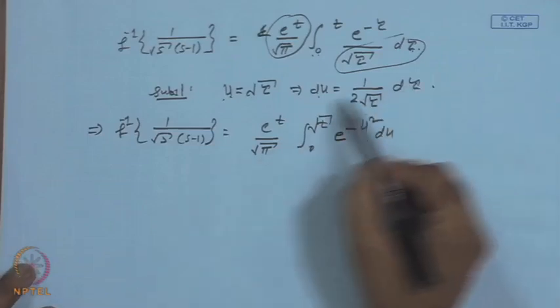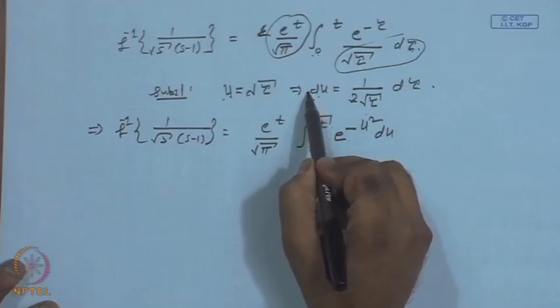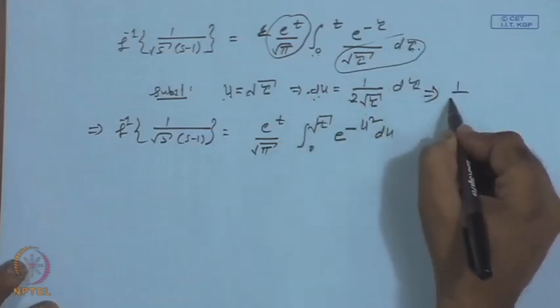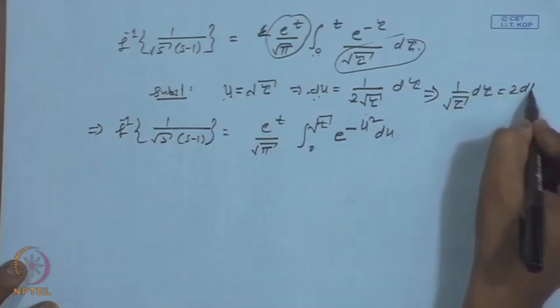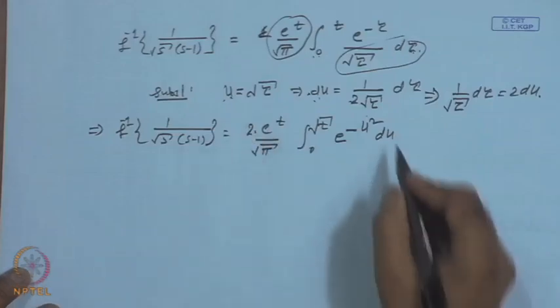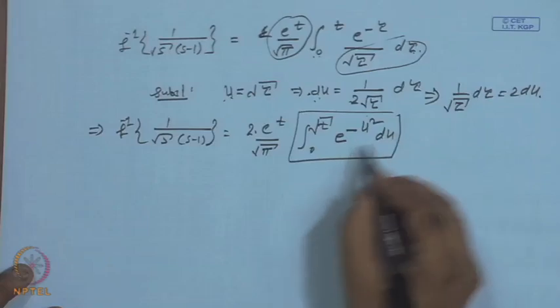Then d tau over square root tau is 2 du. So, 2 will be multiplied here with du, because this implies 1 over square root tau d tau is 2 du. So, this will be replaced by 2 du. So, 2 comes here, and then we have du, and this is the familiar function.